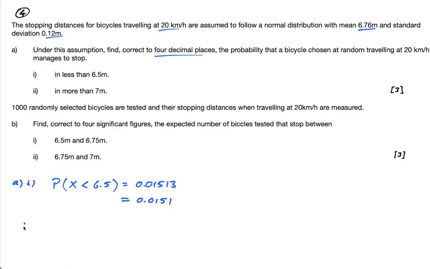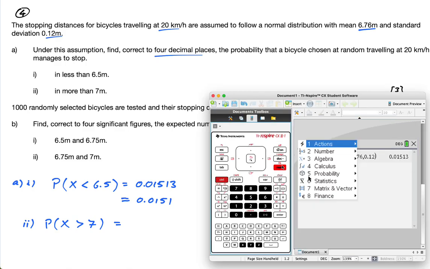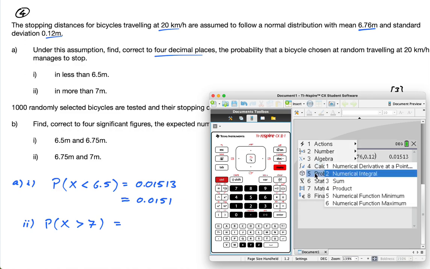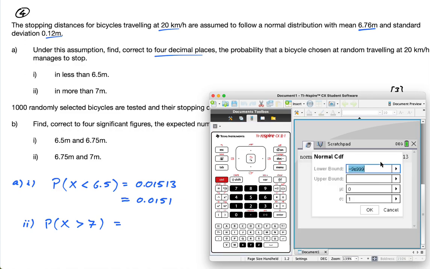More than 7 meters. That's the probability that x is bigger than 7. Okay, same thing. Menu, probability, distributions, normal CDF. This time our lower bound is 7 and our upper bound is infinity. I'm just going to put 9999999. That's definitely enough 9s.